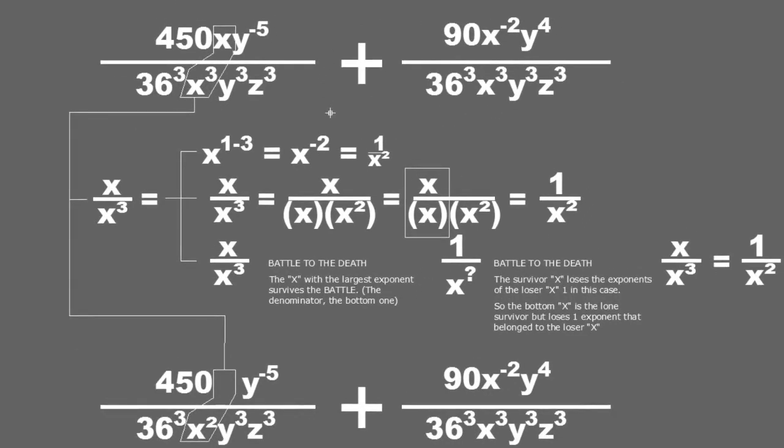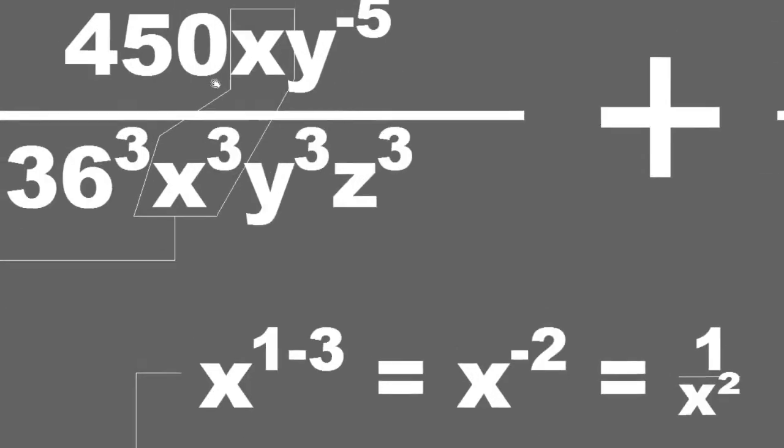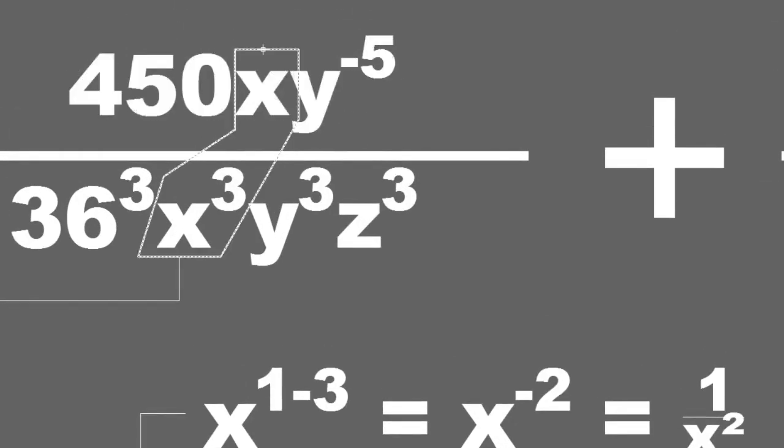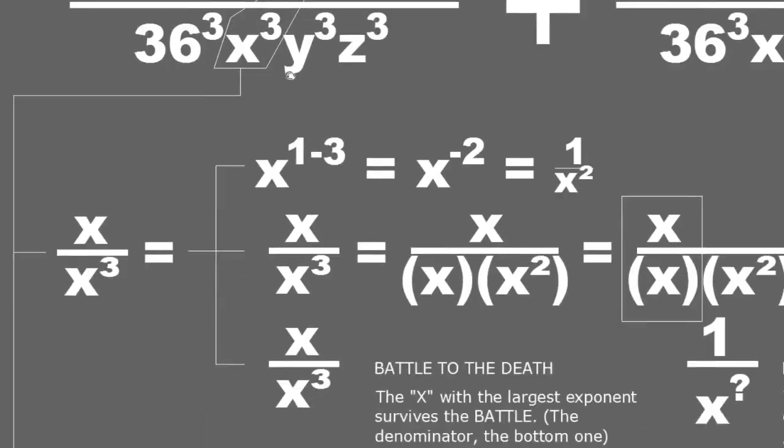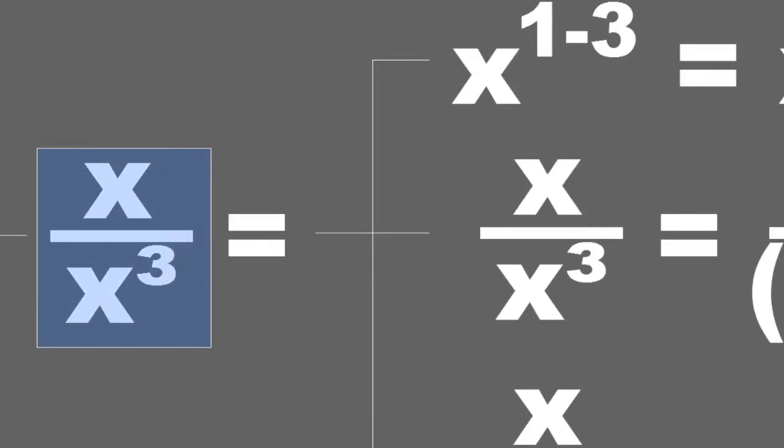Now that I get rid of the exponents outside of the parentheses, I can start simplifying terms in the numerator and in the denominator. The first thing that I see is that I have an x both in the numerator and in the denominator. What I can do with that is that equals x on the numerator divided by x cubed, or x with exponent 3 on the denominator.